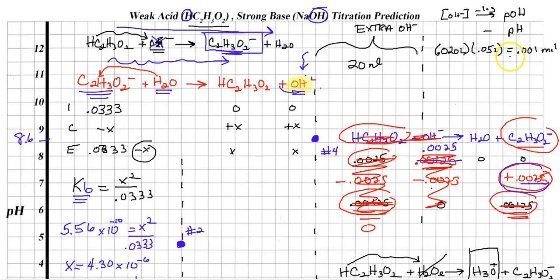And we want the molarity, right? We want the concentration, right? That's how we get a pH from concentration. So we're going to divide by the volume. And this is tricky. Do not divide by 70. This is 70 milliliters of base added into a beaker that already had 25 milliliters.